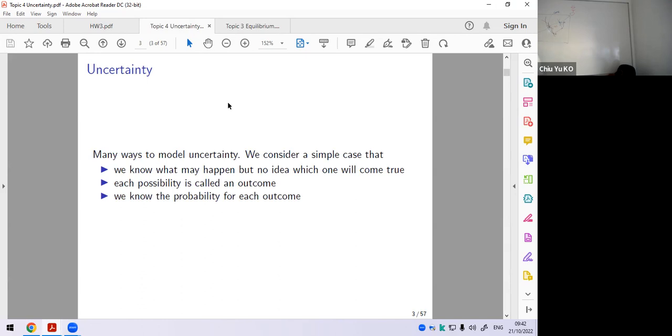So, the way to model uncertainty in the literature, there are many ways. There are too many. If you learn decision theories, there are at least 10 to 20 ways to do it. What we do is the very classical one, the simplest one, which follows the probability theory you learned.